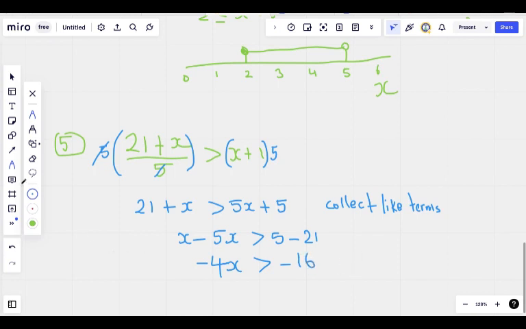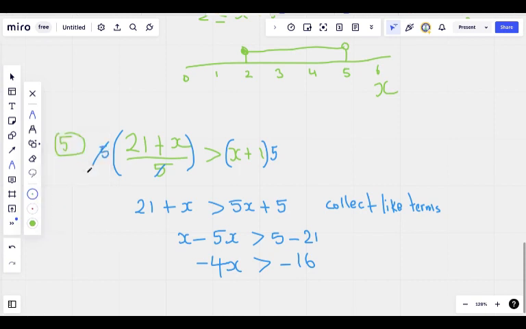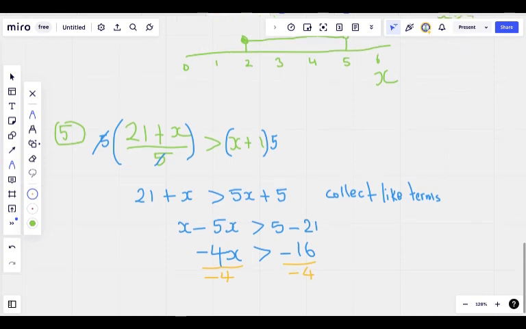Now the next is to divide both sides by negative 4 so that we can find x. So we divide here by negative 4, and then we also divide the right side by negative 4. Remember, whatever you do to Hassan, you have to do for Hussein.